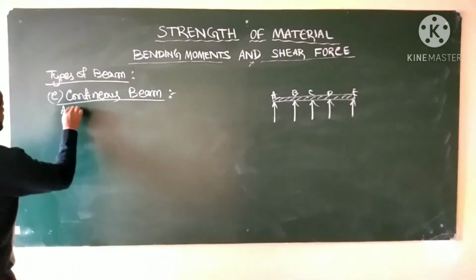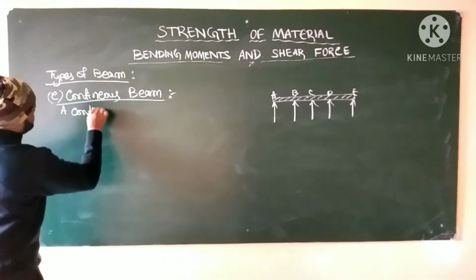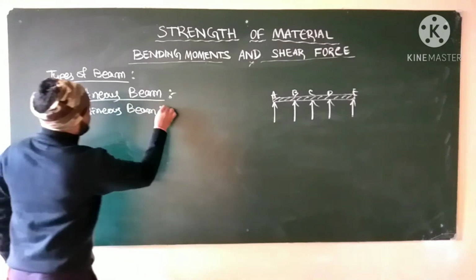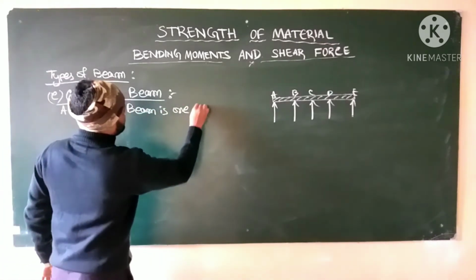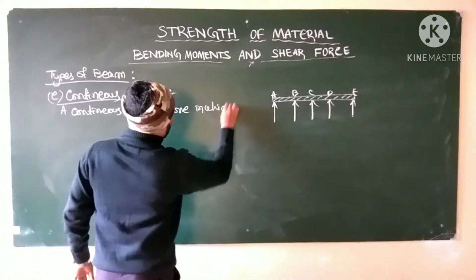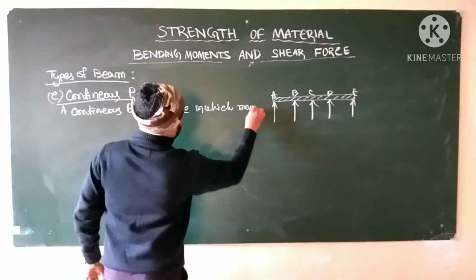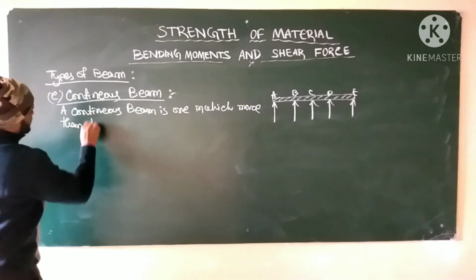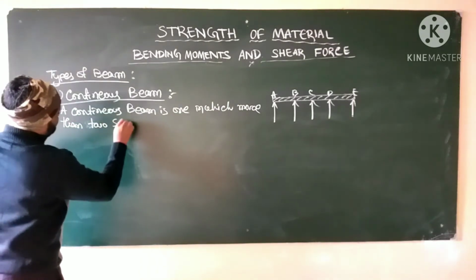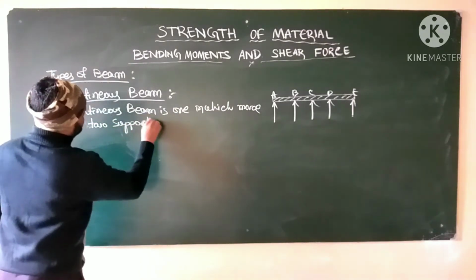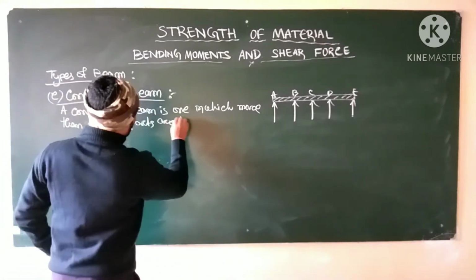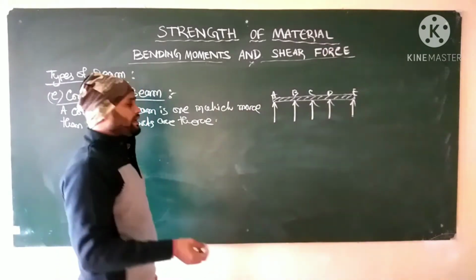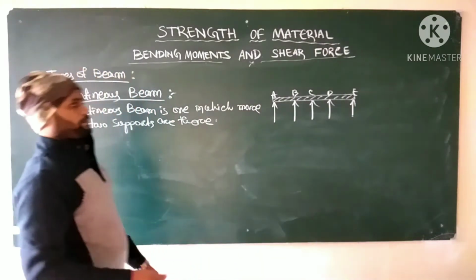A continuous beam is one in which more than two supports are there.